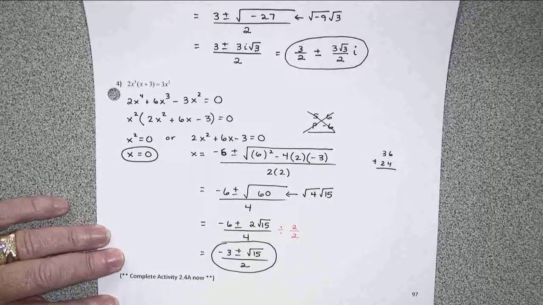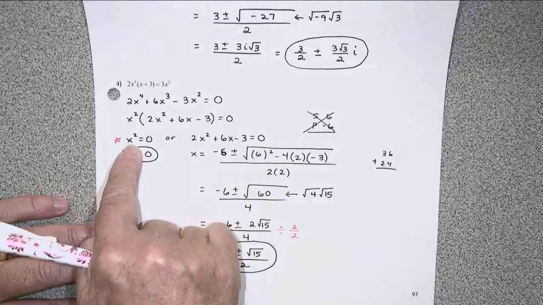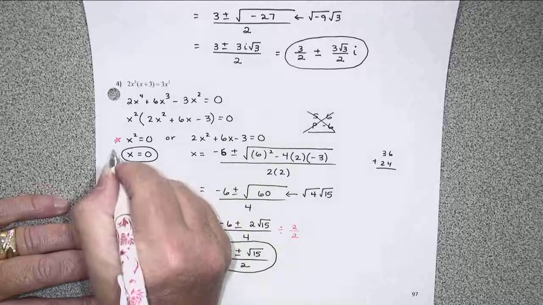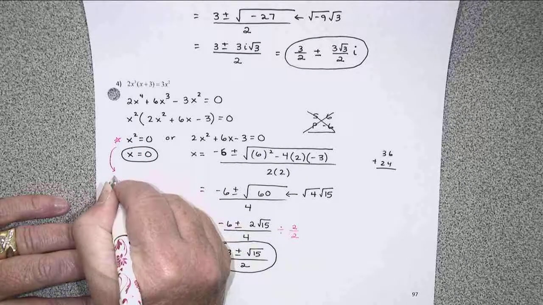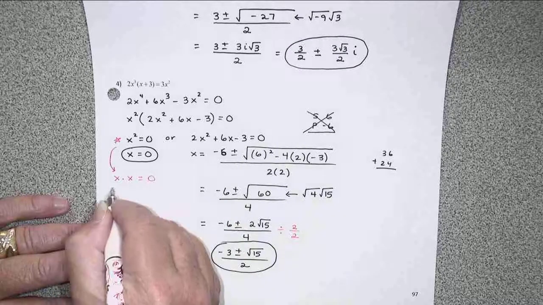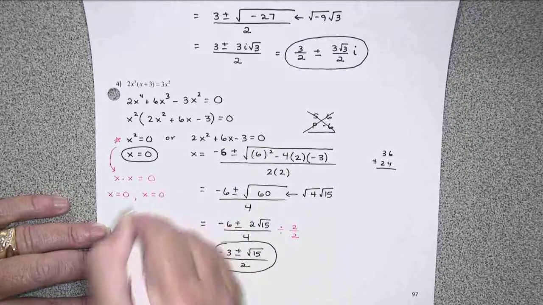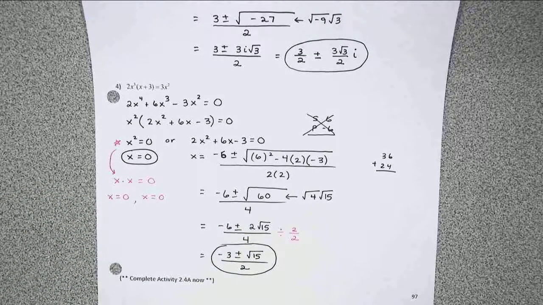Here's what happened here. Because this was x squared equals 0, technically speaking, that's x times x equals 0. And if I separated my factors, I'd have x equals 0 or x equals 0. In other words, I get the solution x equals 0 twice.